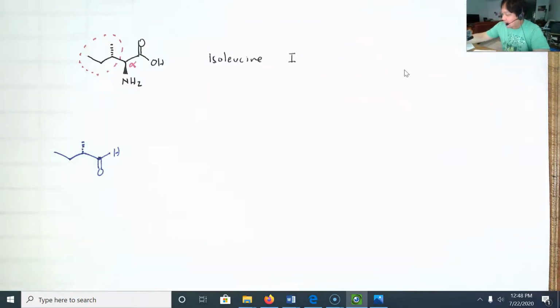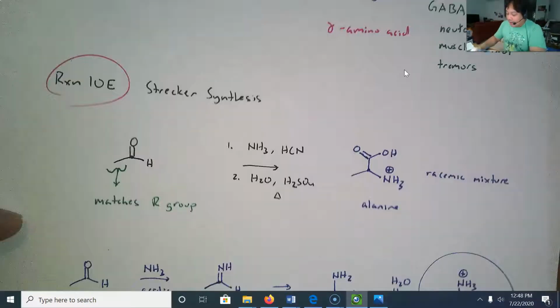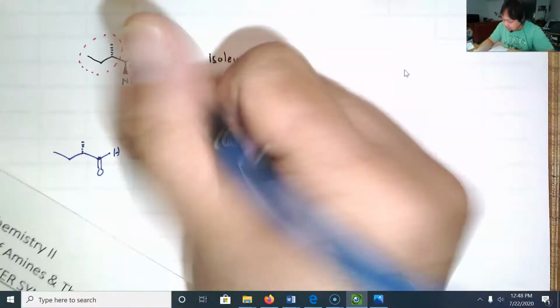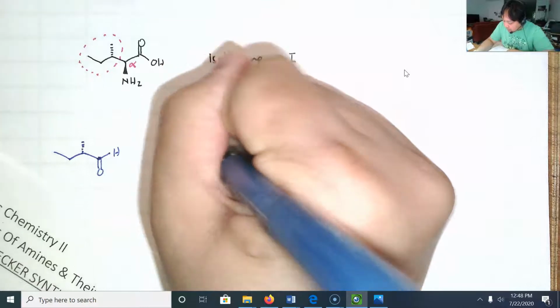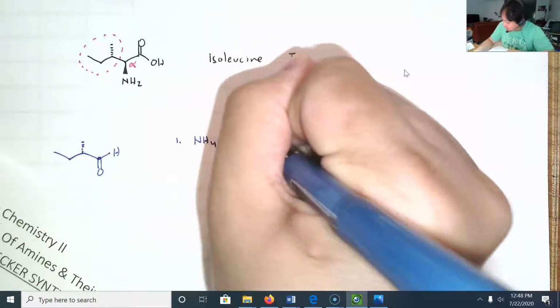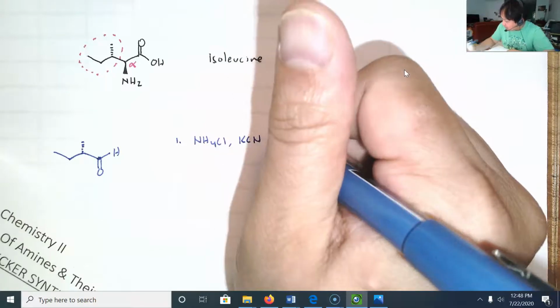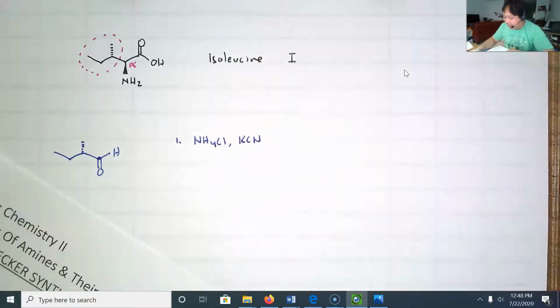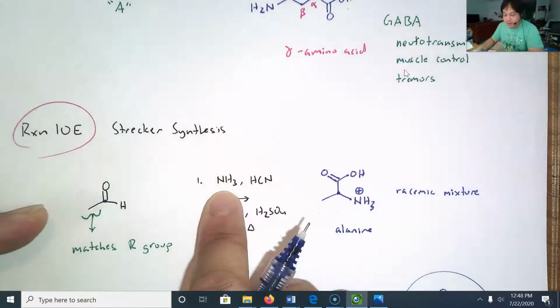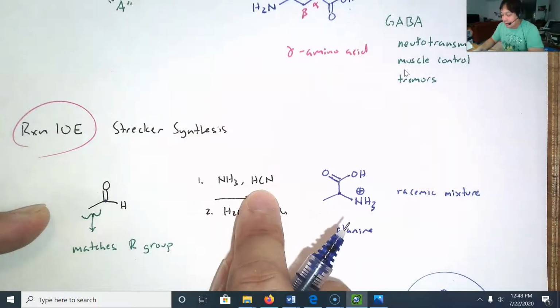Now, I've mentioned that the reagents could be this, but in practice, people mix these two chemicals together. By mixing these two together, you will eventually get ammonia and hydrogen cyanide.